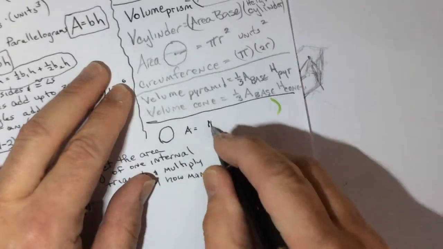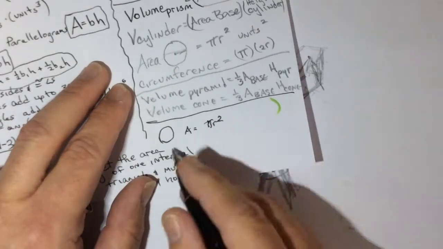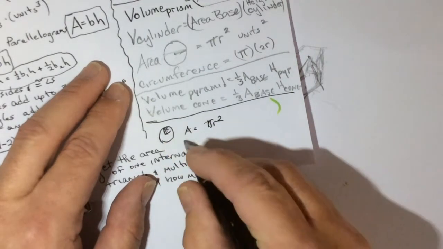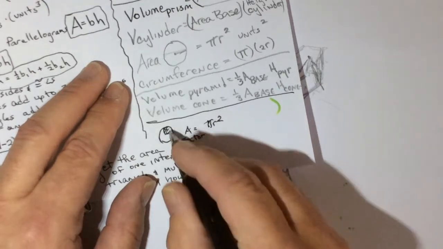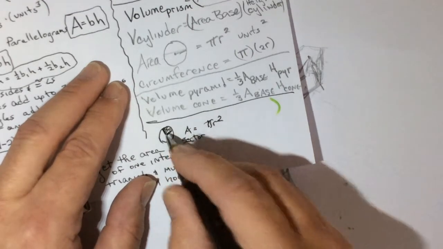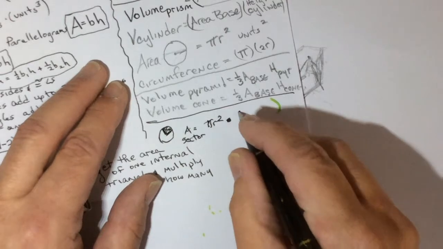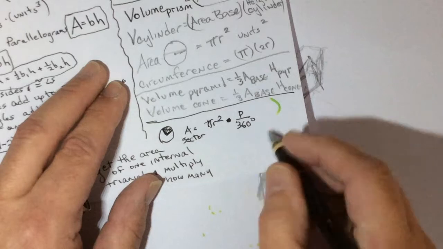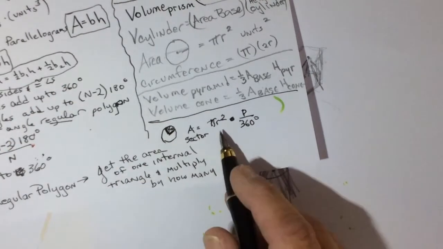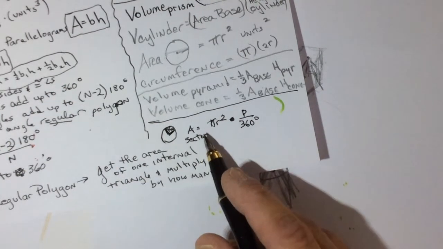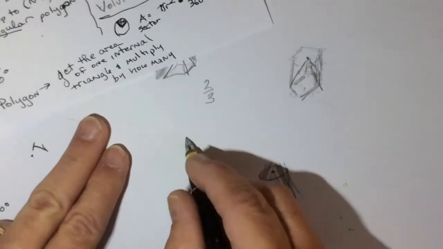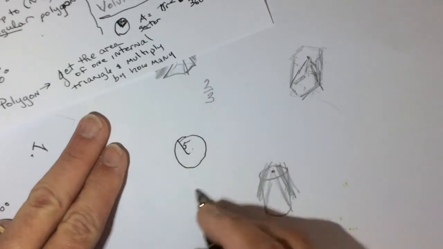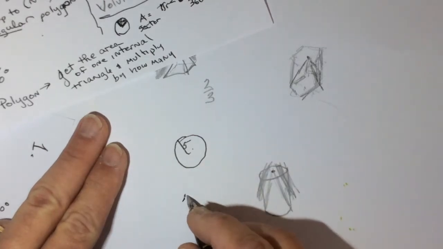A couple of quick more things. If I have a circle, the area is pi r squared. If I want the area of a portion of this, it's called the area of a sector. What I do is take that central angle, let's just call it P for the proportion, the part of the circle. How much of a part of that is it from the whole circle? So it's pi r squared times the angle measurement of the sector divided by 360. What does that look like? Looks like this.